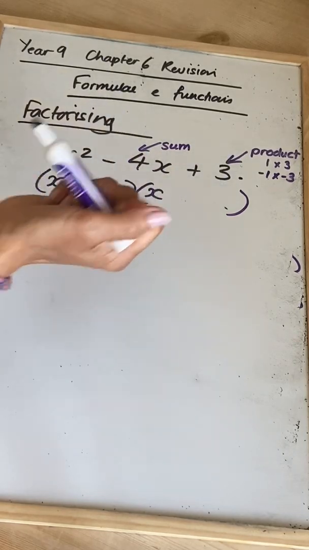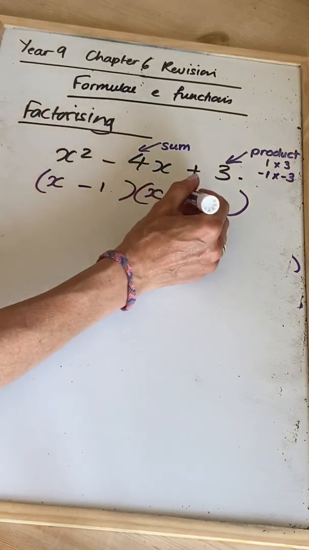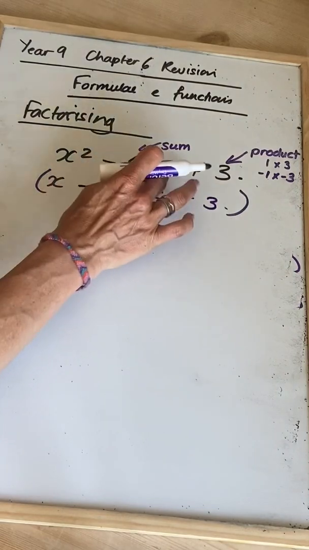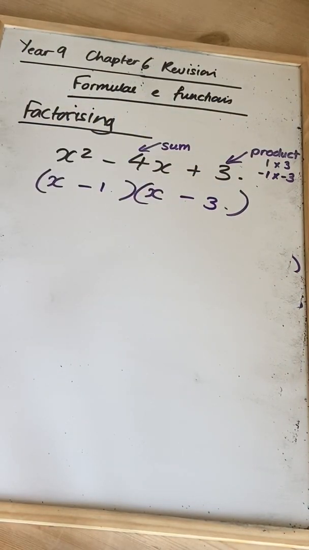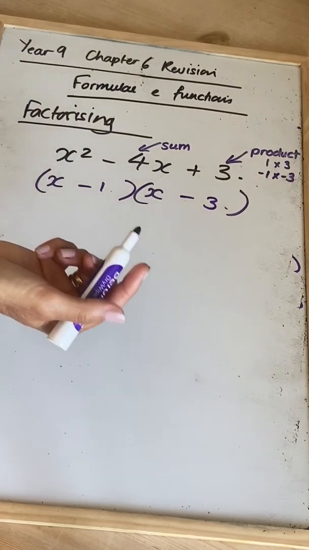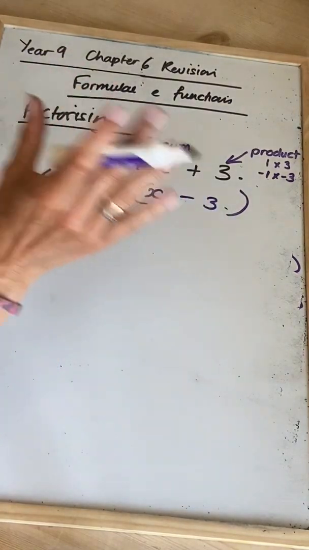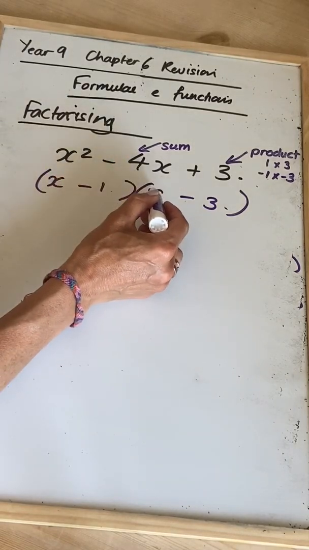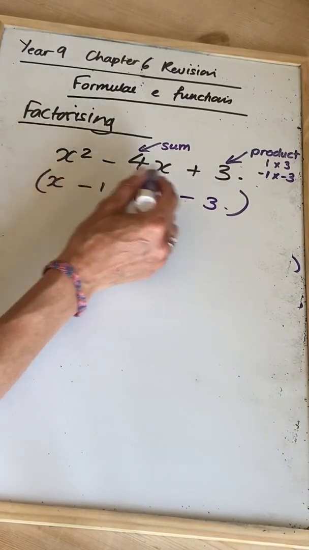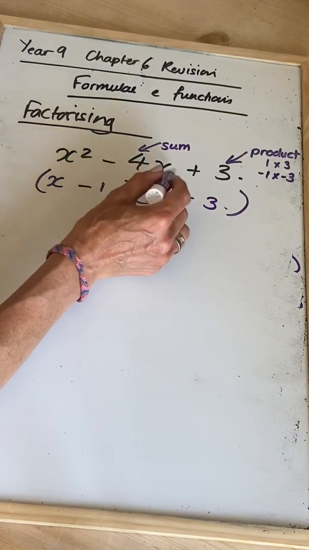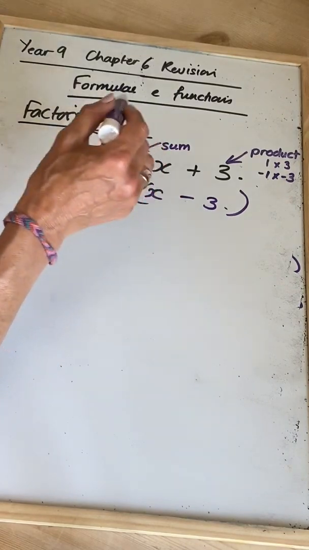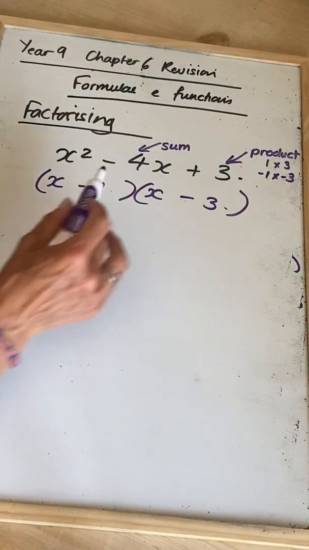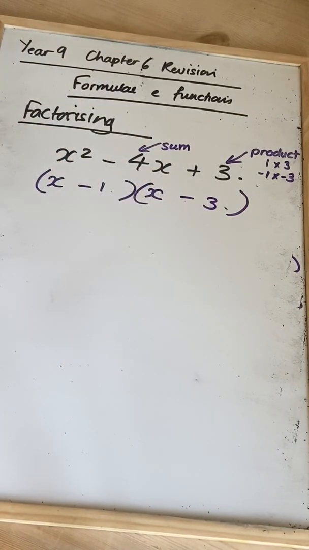The only sum that will work here is the -1 and the -3, because we've got a negative number in the middle. Once you've done your factorising, before you think, yeah, got it, just in your head multiply it out again. x squared, that works. -3x, I'm on my way. Minus another x, good, that gives me the -4x, and then +3.